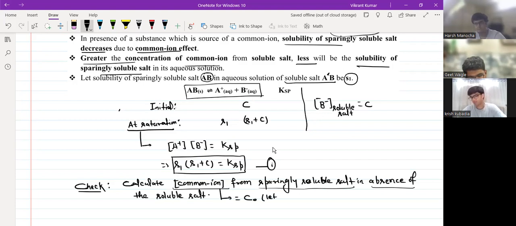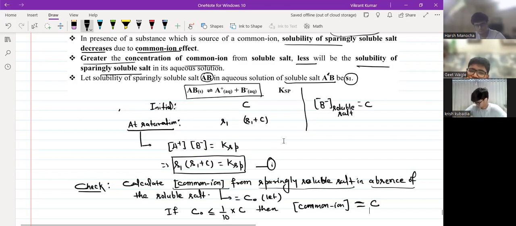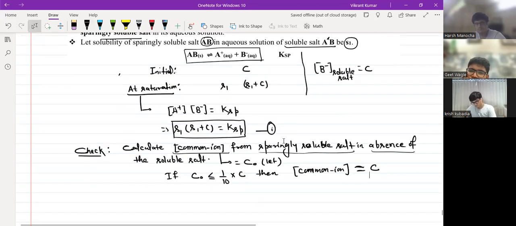Okay, now we'll say if that C naught is less than equal to 1/10 of C, then we'll say concentration of common ion, अभी तो और भी कम आने वाला है, will be approximately equal to C. Is it okay?